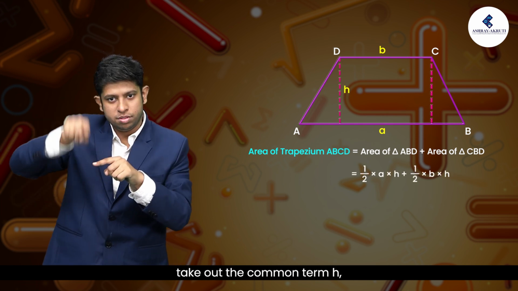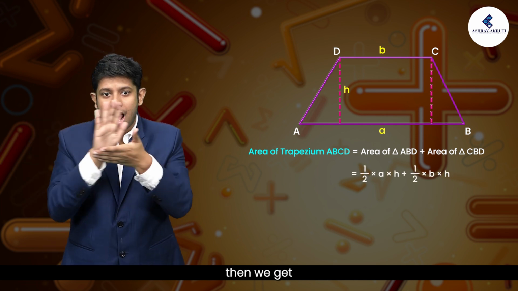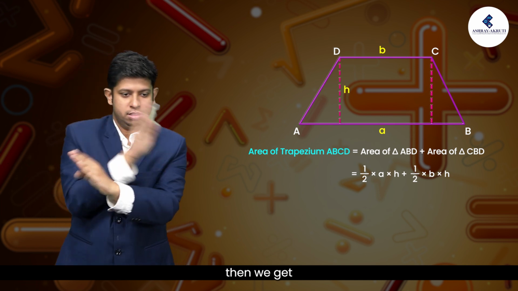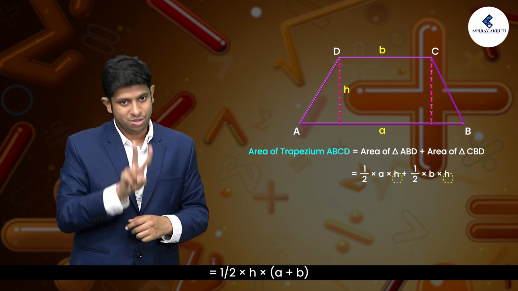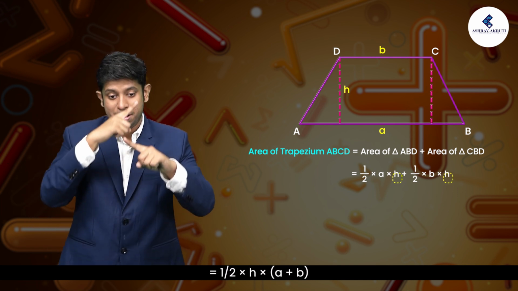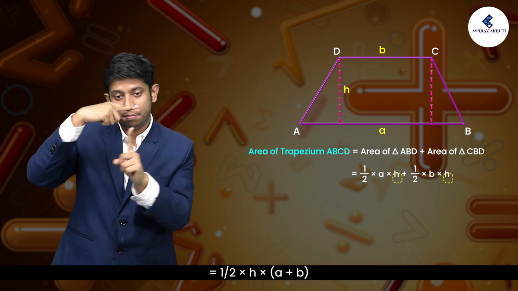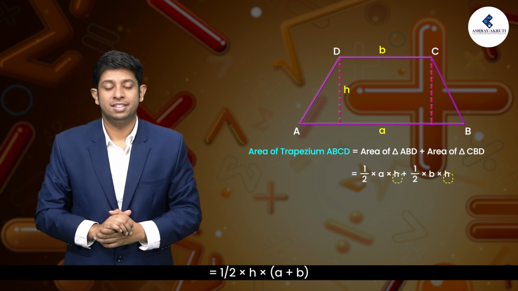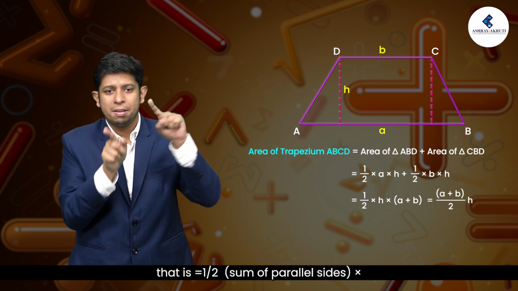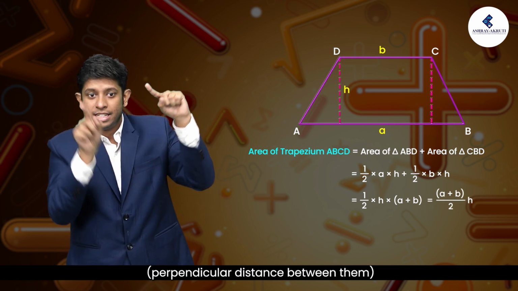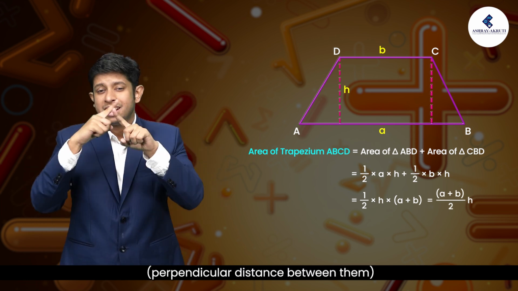Take out the common term h, then we get half into h into a plus b. That is equal to half into sum of parallel sides into perpendicular distance between them.